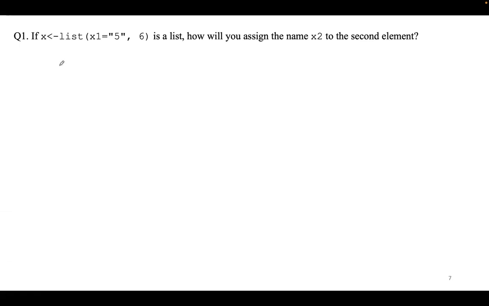So if you're assigning list x1 is 5, comma 6, how can you assign the name to the second element? Can you tell me what command you're going to write? There are no options, so you can just tell me. You can tell me first what you want to do exactly, and then we can write the appropriate code for it.